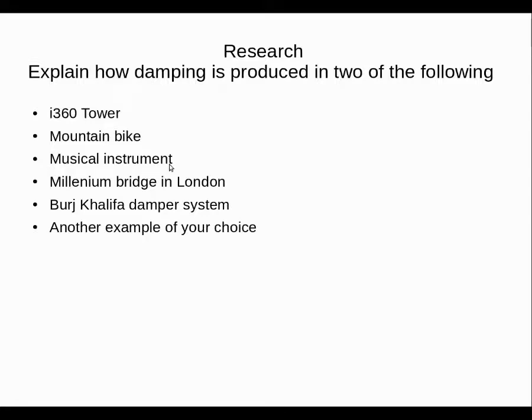Musical instruments: damping can be used in lots of different musical instruments. So if you are a musician, can you come across some examples of damping used in the instrument itself, or methods to play it which incorporate damping?